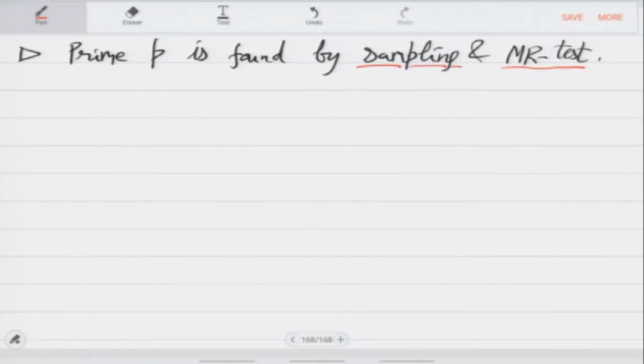Okay, this can be shown to work well. We'll do one more thing in primality testing, and that is de-randomization.